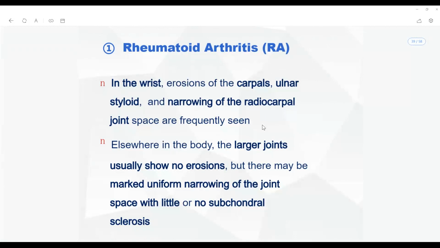Generally, if rheumatoid arthritis happens in larger joints, it is not going to show erosions, but there may be marked uniform narrowing of the joint with no subchondral sclerosis. Subchondral sclerosis generally will not be present, but narrowing of the joint space can be seen, right? So these are the characteristic features of rheumatoid arthritis.